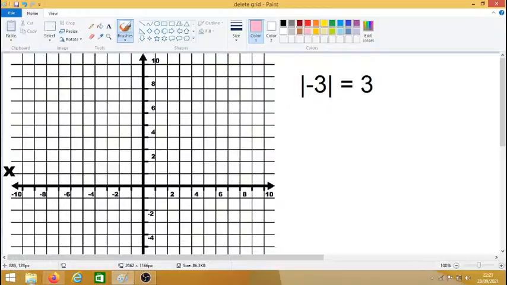Let's suppose that y is -3. So I can just pick on the y. Here's the y-axis, just looking at -3. It doesn't matter where I am on the x-axis just for this example, but let's pick -3 here.